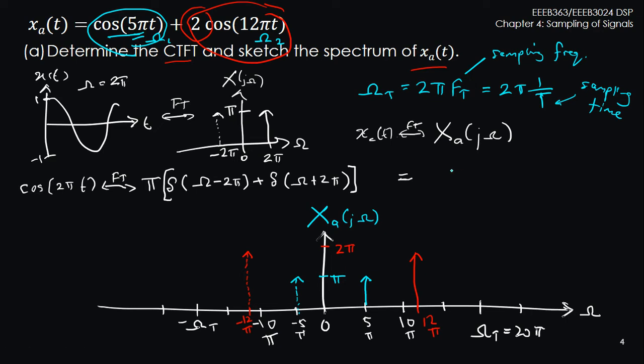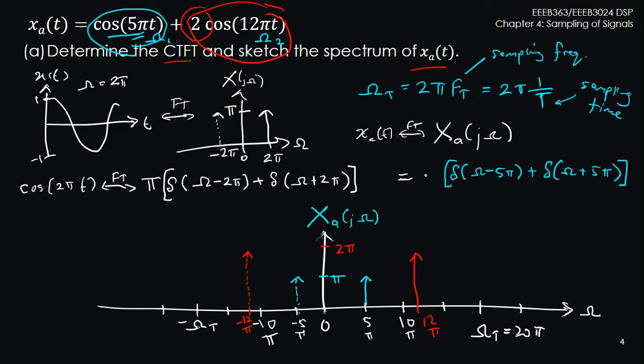Let's try to write it down color coded. So I'm writing in blue first over there. That's delta omega. This pulse is located at 5 pi, so this will be omega minus 5 pi. And you have its pair located on the negative side. That's delta omega plus 5 pi.